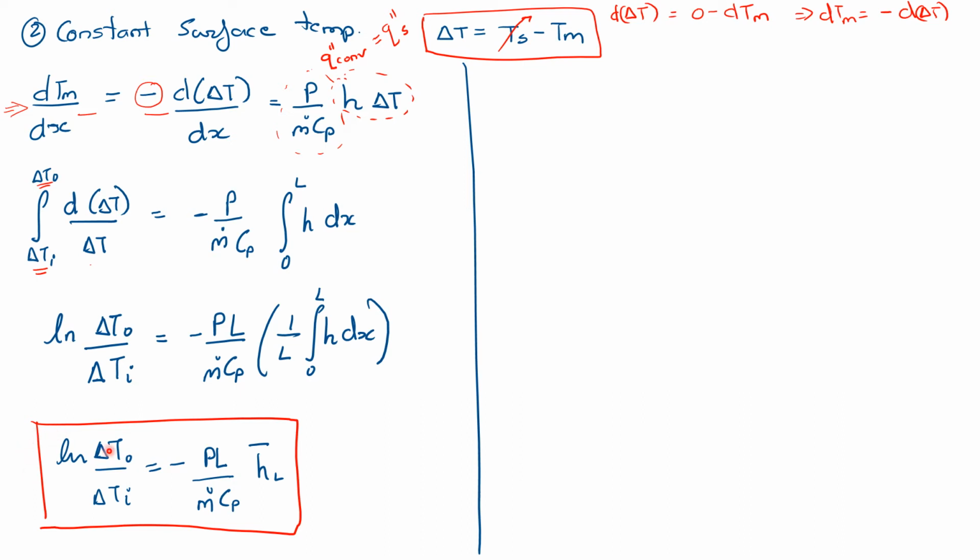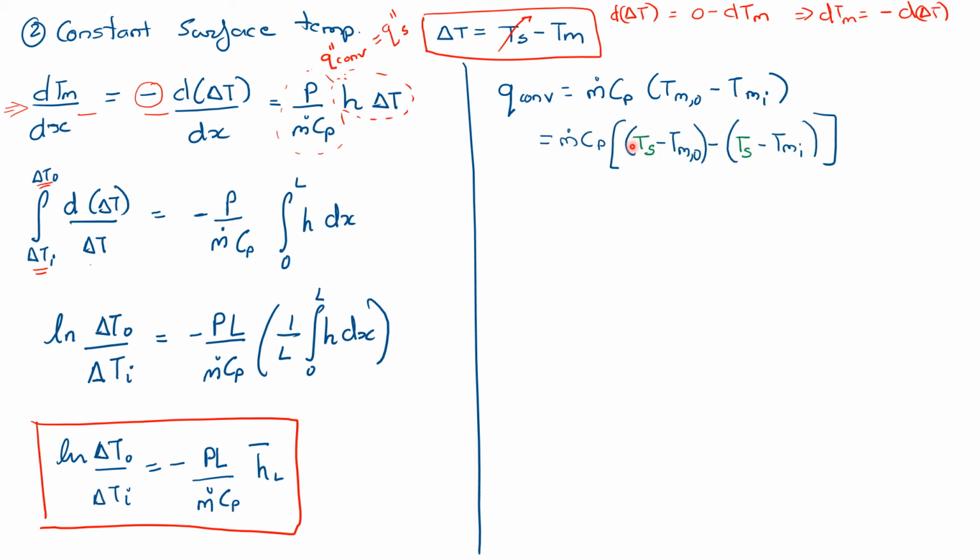So remember this equation. This is an important equation that you will use in this chapter. Maybe not in this form, but in a different form, which we will look at in a moment. In our case, we found in the previous slide that we can write Q convection as m dot Cp into Tmo minus Tmi, that's the mean temperature at outlet minus the mean temperature at inlet.